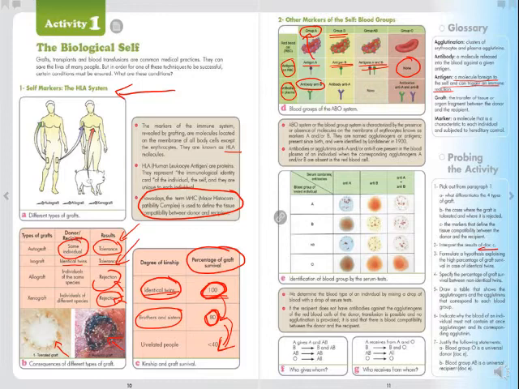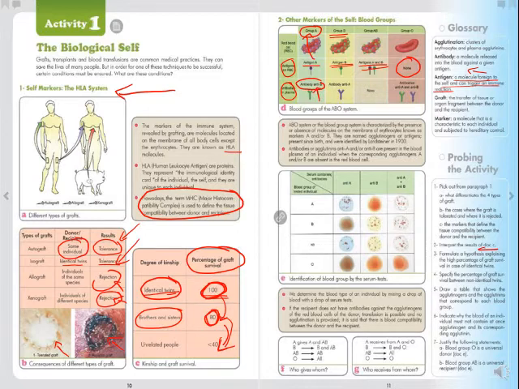Antibody is a molecule that is released against a given antigen. For example, my blood group is A, so I have antigen A. What type of antibodies? I have antibody different from A, which is antibody B.